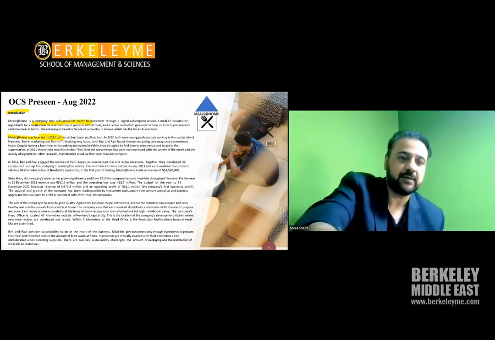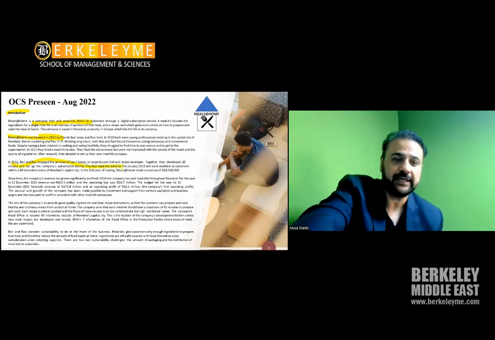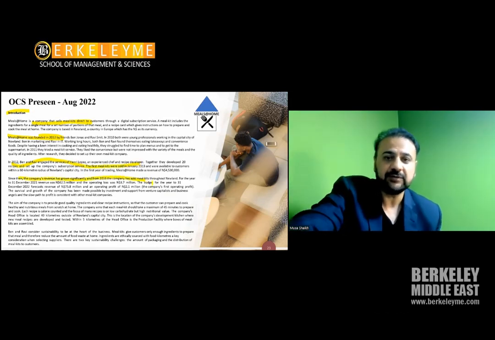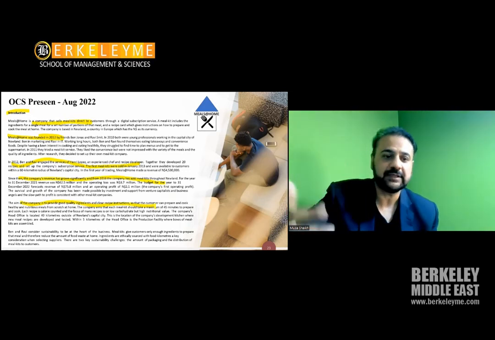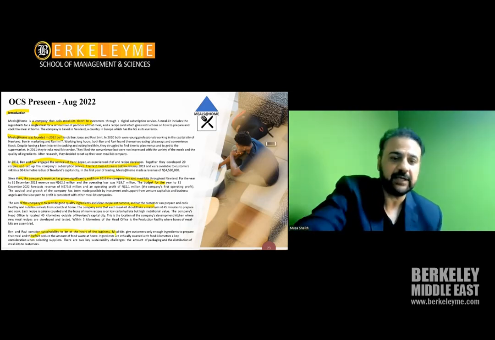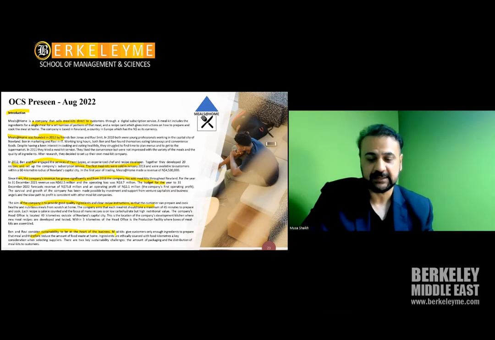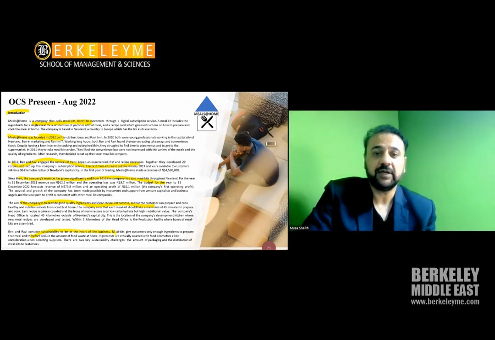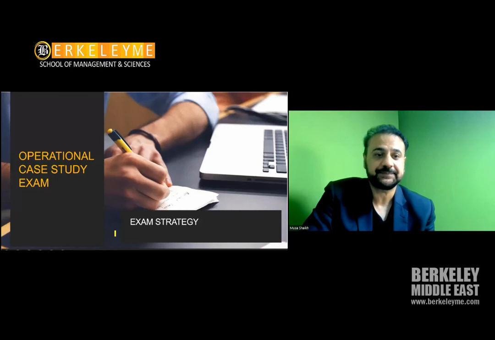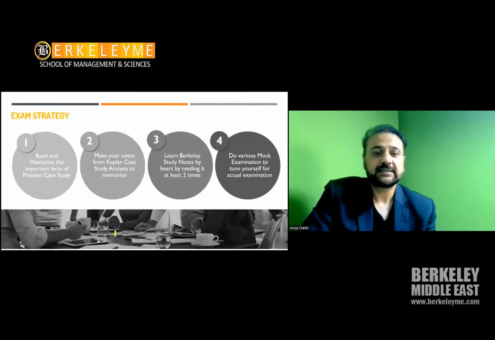They tell you when the company was formed, who formed it, what they did, what their revenue has been since then, what they provide, what their quality policy is, everything, and sustainability at the heart of the business. So these are all very general information, and it will obviously help us to link ourselves into the questions and topics. Let's discuss the strategy.